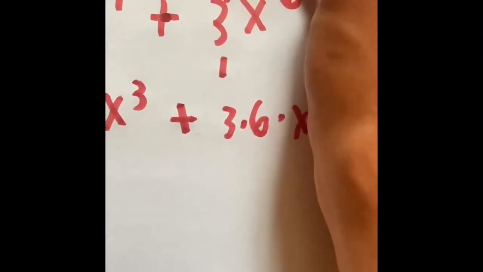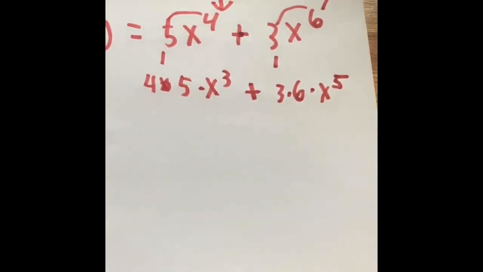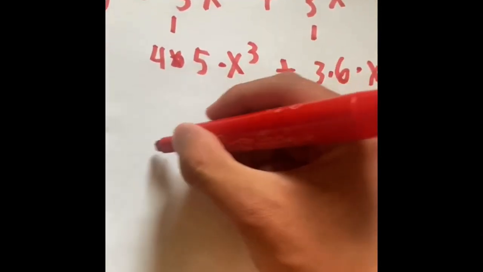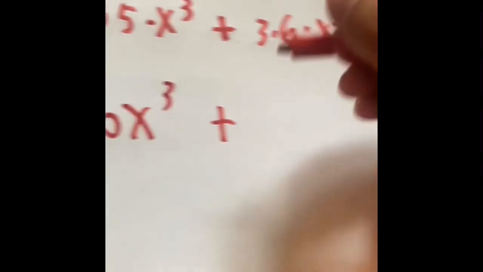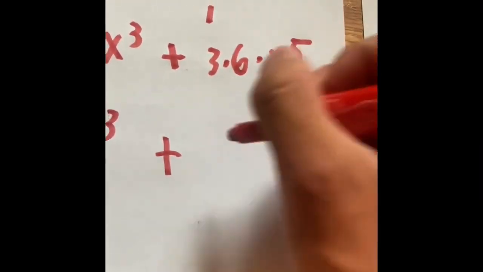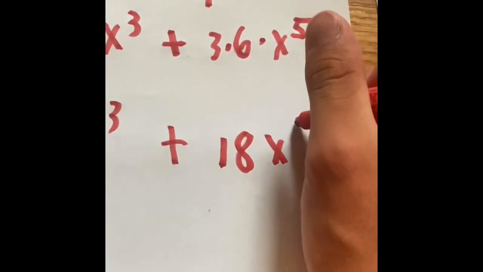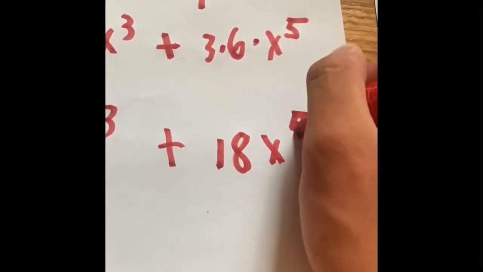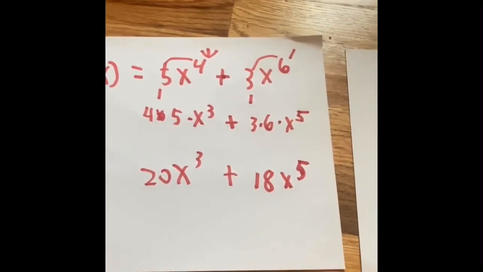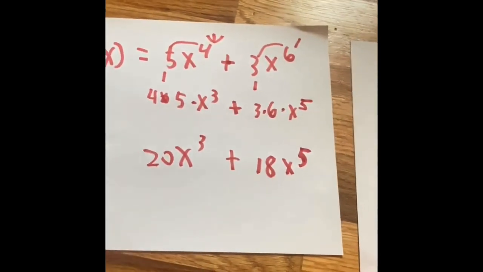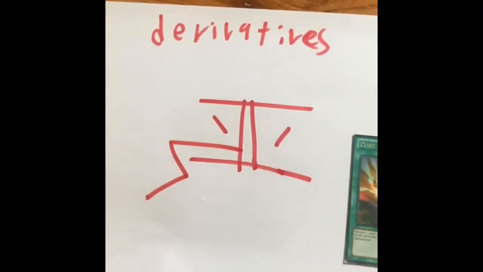Level this 6 down a bit. Now we get to simplify with 2 terms on the field: 4 times 5 is 20, x cubed, and we add 3 times 6 is 18, x to the power of 5. So when finding a derivative, you don't have to have just one object on the field. You can have 2 objects on the field. And that is how we can find the derivatives.